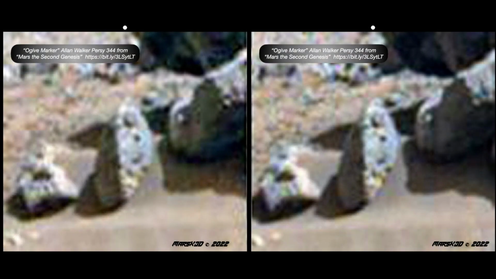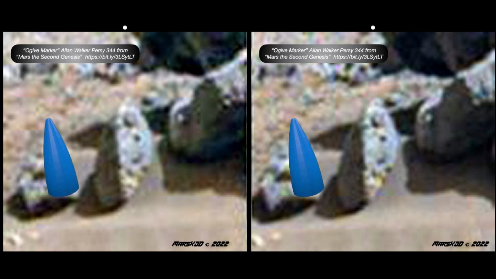This is some X3D work by my colleague Alan Walker over there in Scotland, and this appears in one of his very recent videos at Mars the Second Genesis. Now the live link down below will take you directly to this video. But this is what I'm calling an ogive marker. An ogive simply meaning the shape that we use, for example, in nose cones in rocket ships.